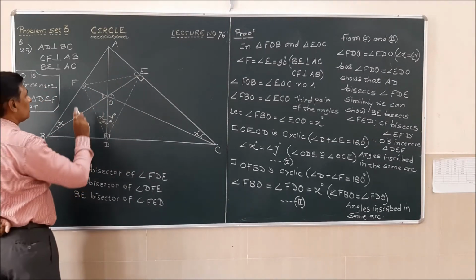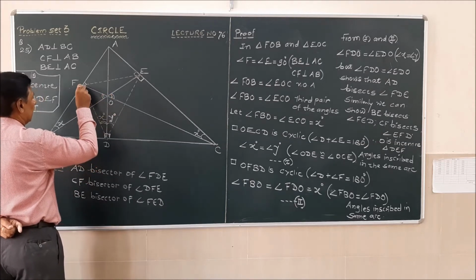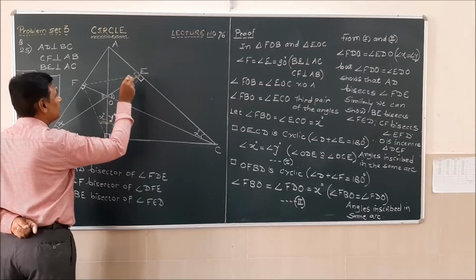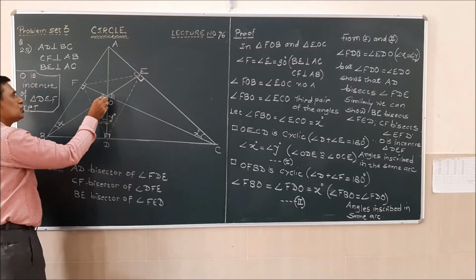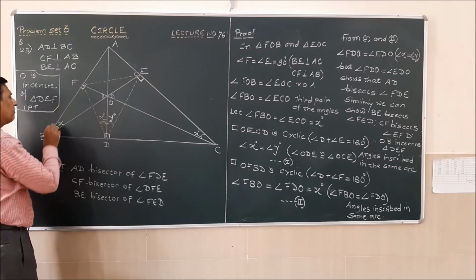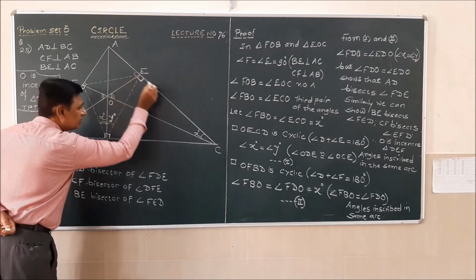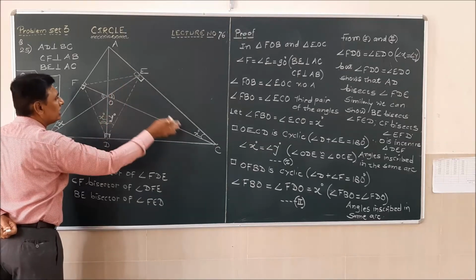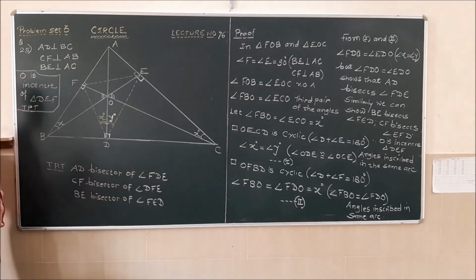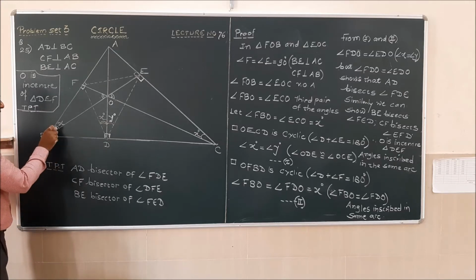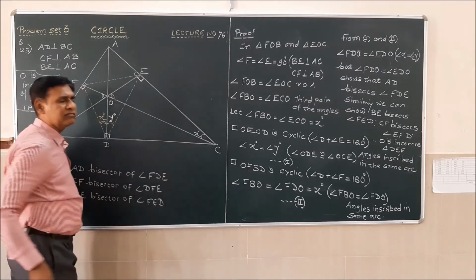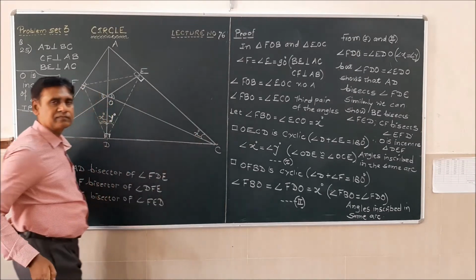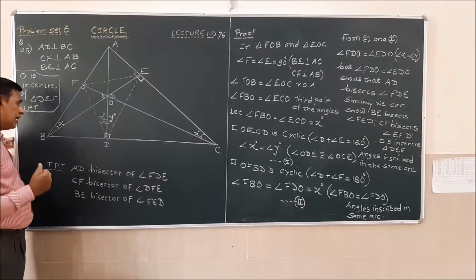If these two are vertically opposite angles, this angle is 90 and this angle is 90. Then what happens? Two angles of FBO are respectively congruent with two angles of ECO. Clear? So what happens? Third pair of the angles are also congruent. So X is congruent with this X.